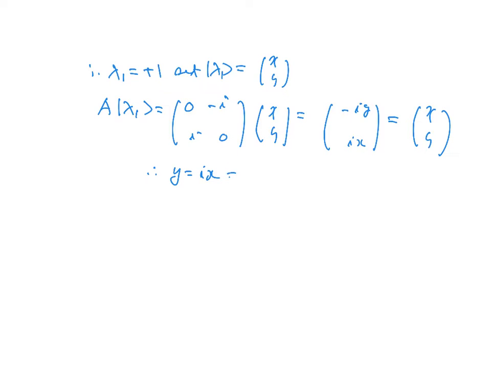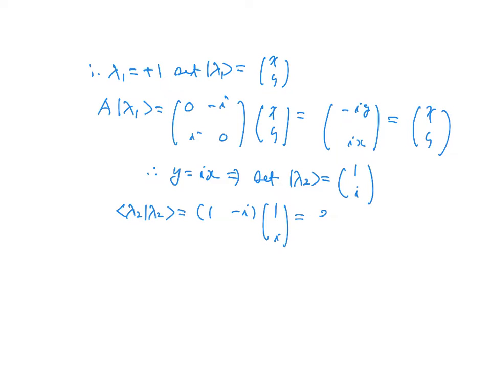So from this we can set arbitrarily the vector as (1, i). And we need to normalize it. (1, -i)·(1, i) is again 2.